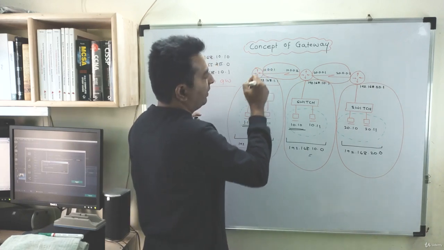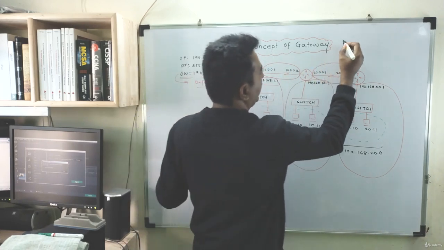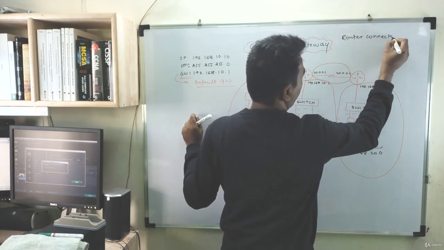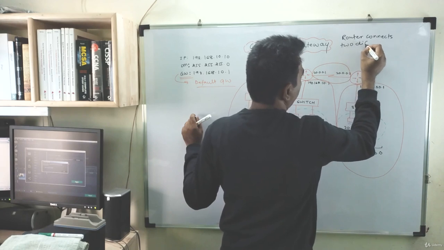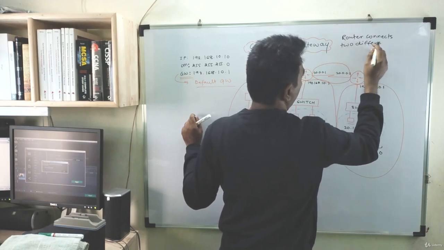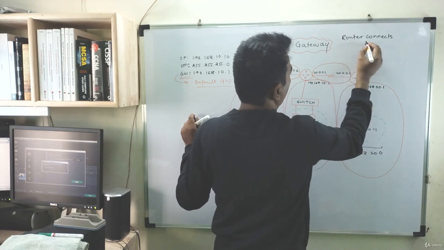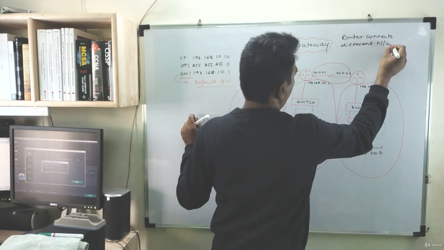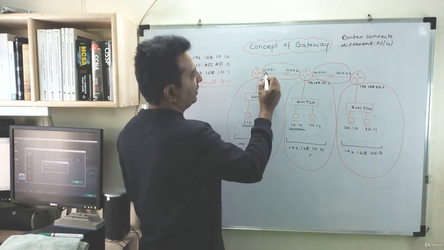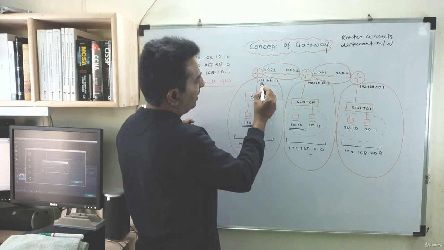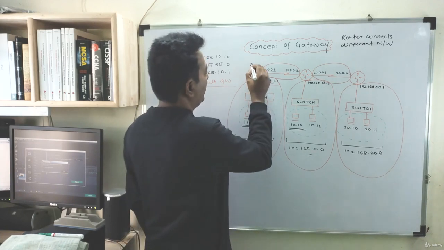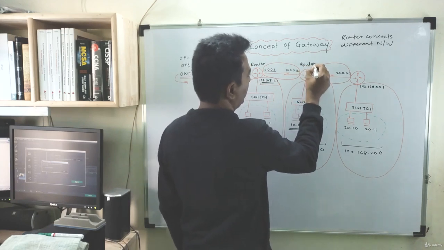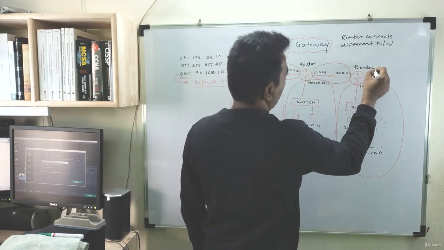Wherever we have a router, I'll just write it for you: a router connects different networks. On this side of the router there is a 10 series network, and on this side of the router there is a 192 series network. This is the symbol of a router, whatever you call it. So this is a router, and this is again a router.